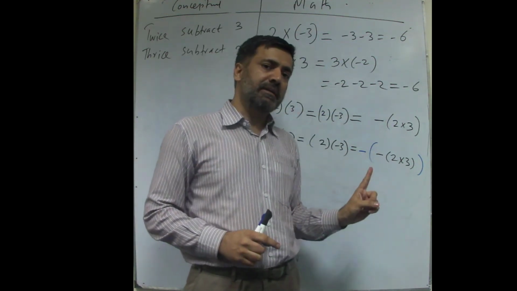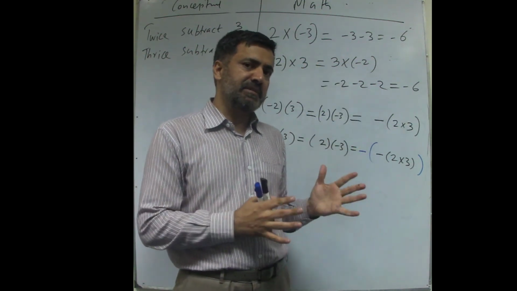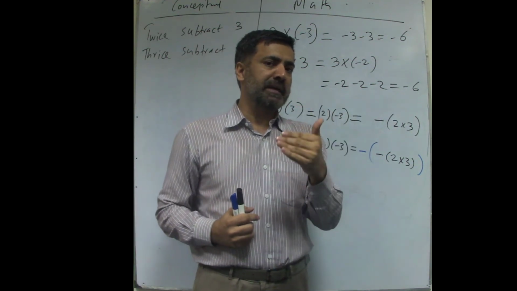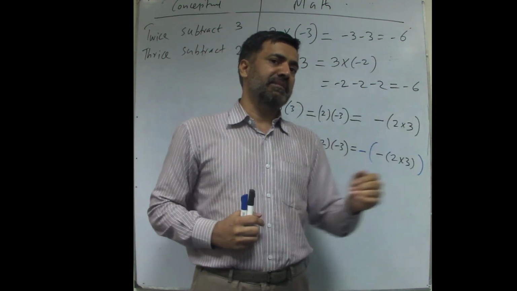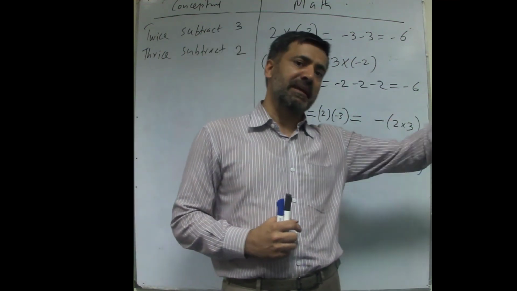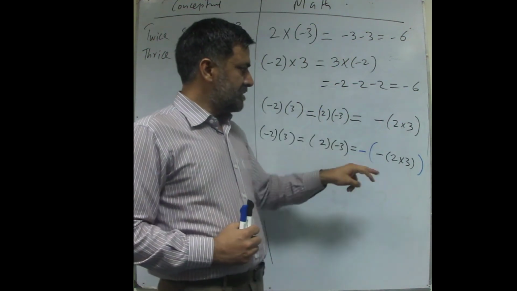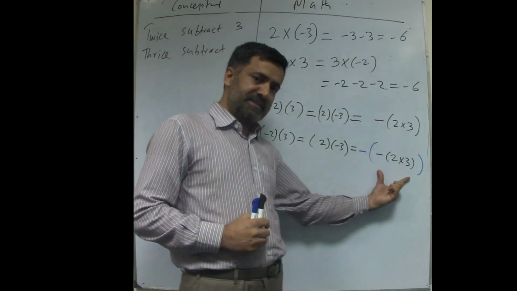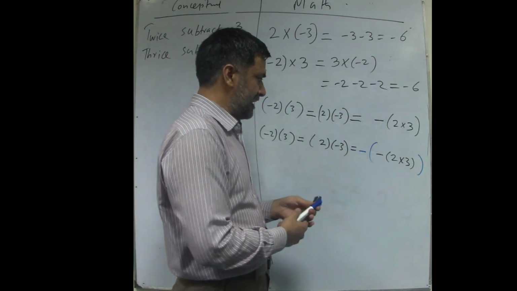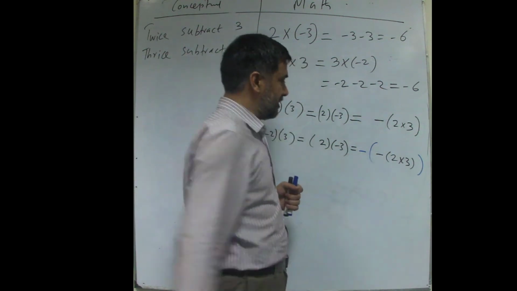Why can I do that? In the first part of this video, I told you what we should mean by subtracting a negative number. Subtracting a negative number is the same as adding a positive number with the same magnitude. So let's come back to that later on.